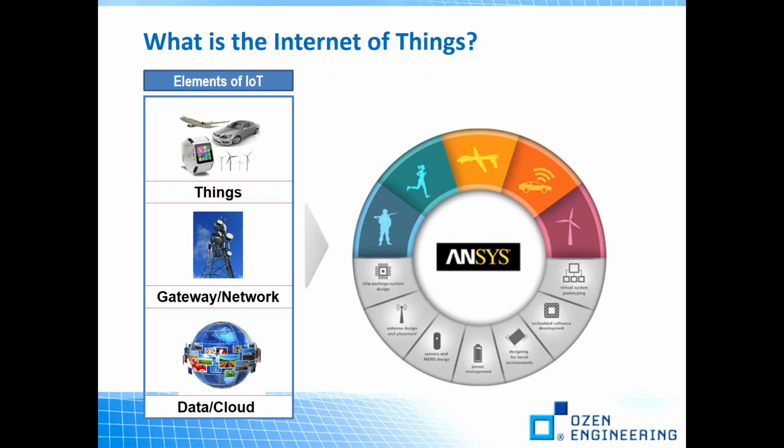The communication data can be analyzed by cloud-based software to drive actionable information. So basically it includes things or smart products, a gateway or network or communication lines, and also a cloud for data processing.